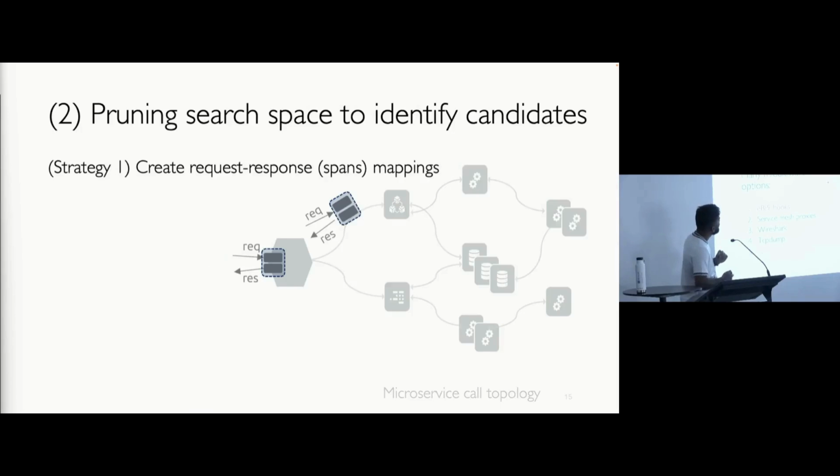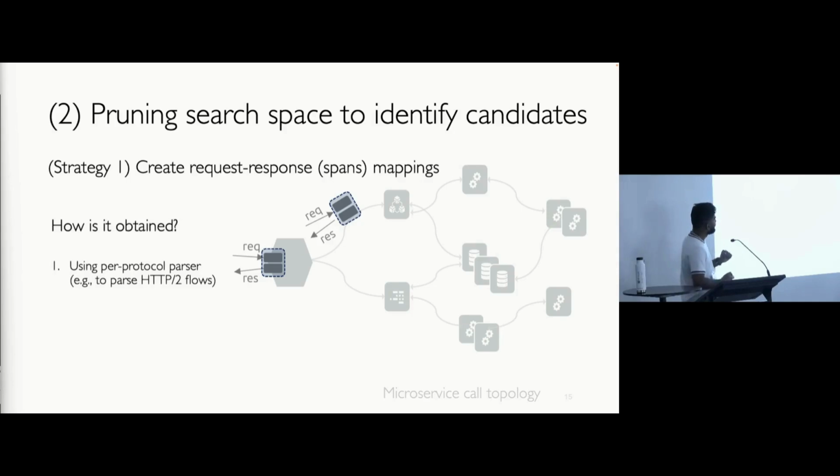Then once we have this information, we need to prune our search space. So the first strategy we try is to create request-response mappings, right? The idea here is that even though we cannot map the incoming request to the backend request, we can map that incoming request to its corresponding response. Because if you know the protocol that the request follows, then doing that mapping is trivial, right?